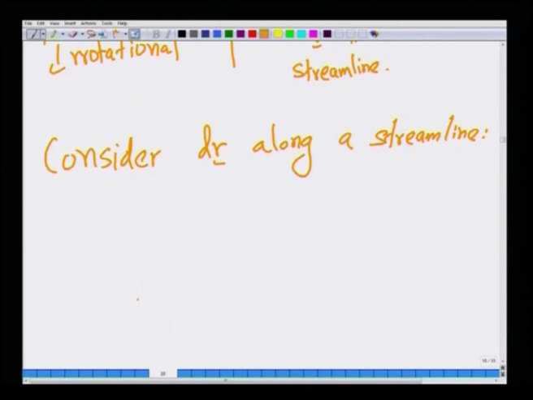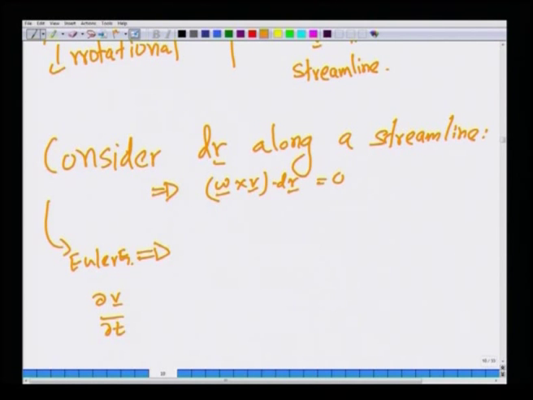Okay. So that you get this immediately says that omega cross v dot dr is 0, and the Euler equation for such a case becomes del v by del t dot dr plus the gradient of half v dot v dotted with dr, okay.